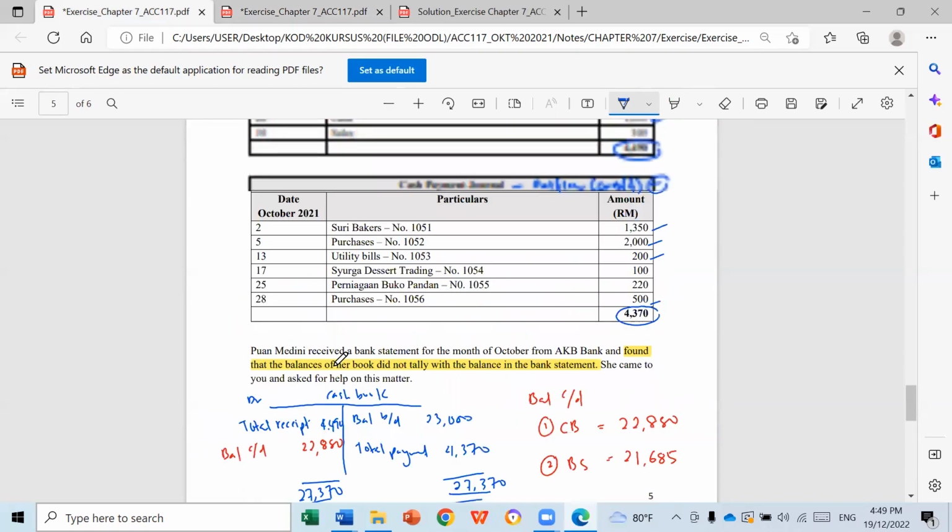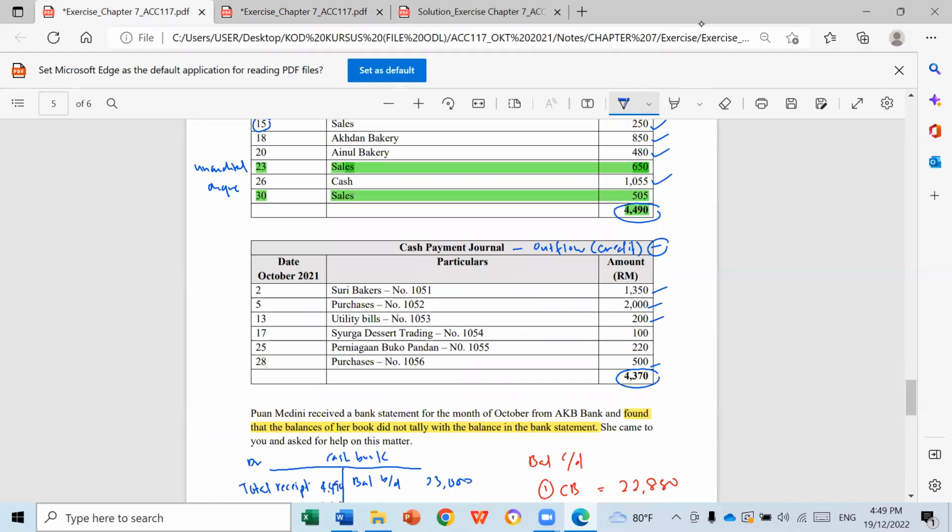So these two checks have no error, but they will be recognized as unpresented checks, and this will be adjusted in the bank reconciliation statement. So this is called unpresented check.